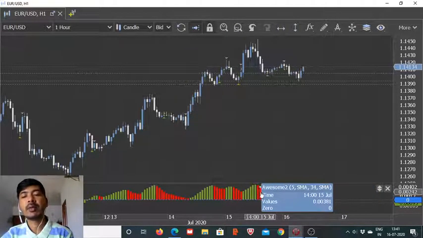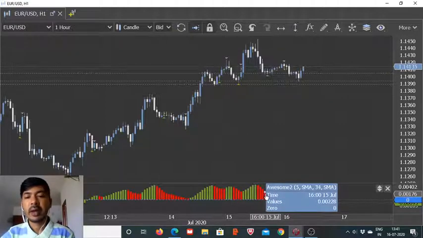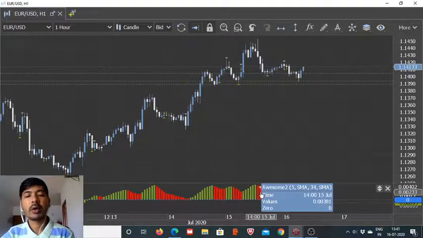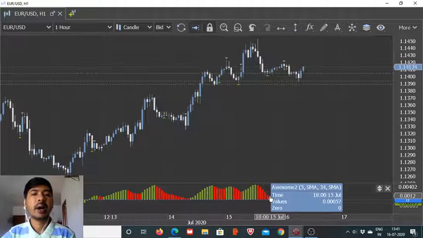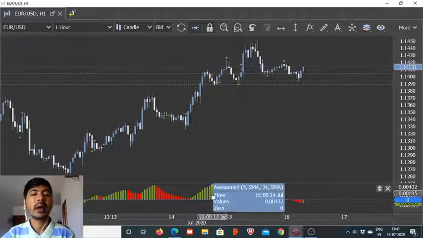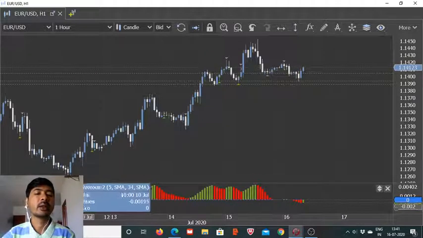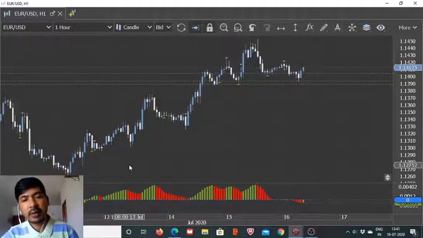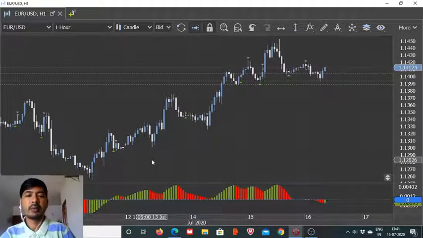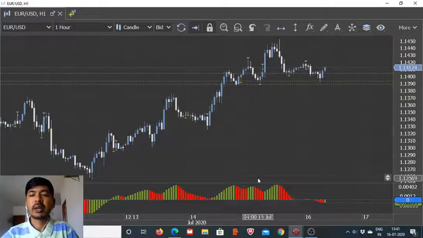So it means that whenever the value is going down, we have these bars charted with red color, and whenever the values are on the rise, we have the green color coded bars. So it depends on the momentum.